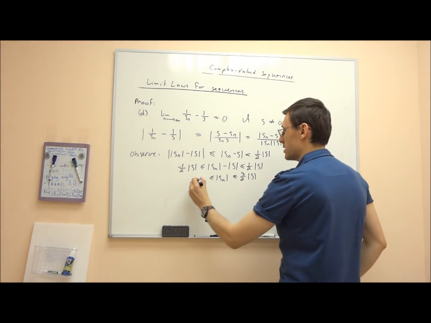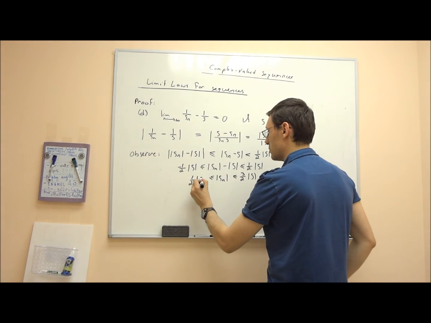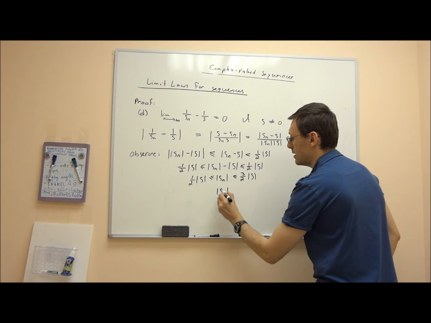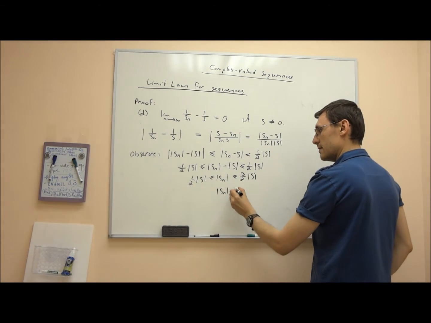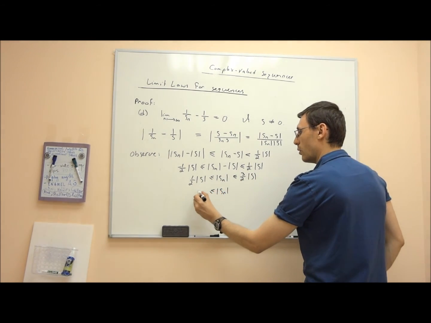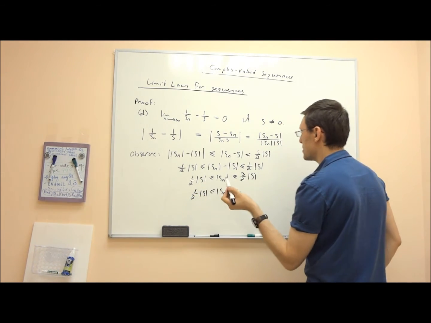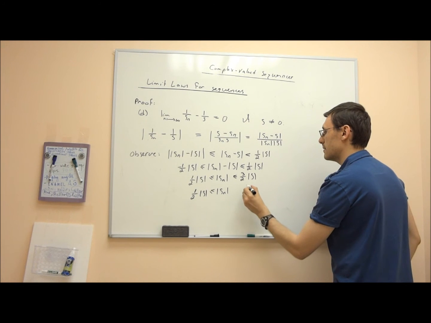Whereas here it's going to be just 1/2 absolute value of S. And what it implies is that absolute value of Sn is bigger than or equal to 1/2 absolute value of S for a suitably large n.